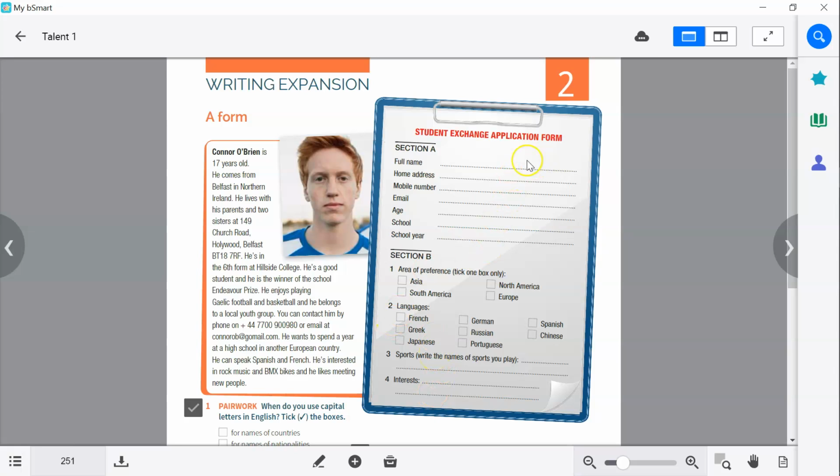Okay, so this is the application for an exchange. An exchange is scambio. So if he wants to take part in an exchange, he has to fill in, you remember the word fill in, riempire, completare, the application form.